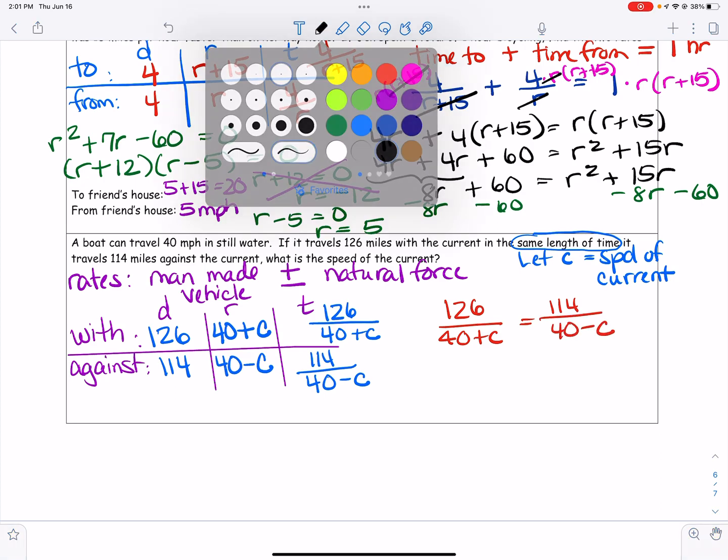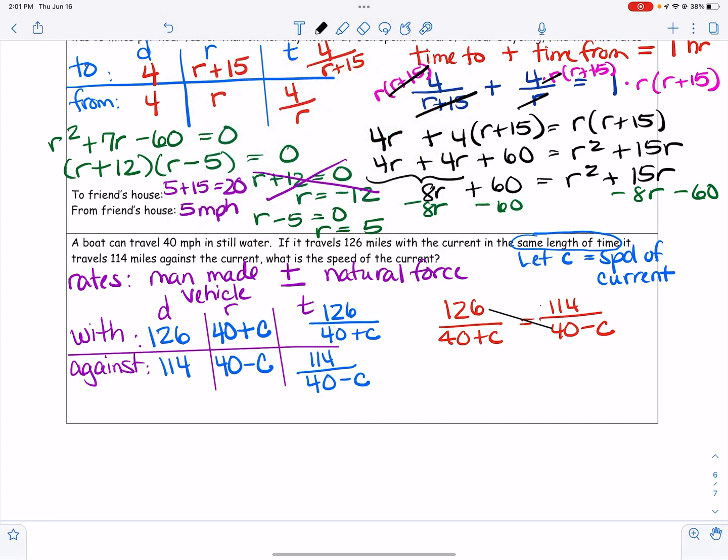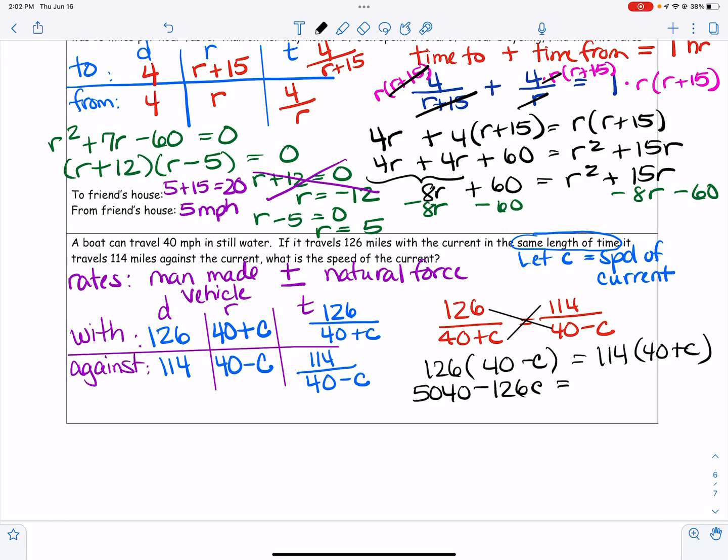So we cross multiply, and we get this. 126 times 40 minus C is equal to 114 times 40 plus C. So now when I distribute, I get 5,040 minus 126C, and I get 4,560 plus 114C.